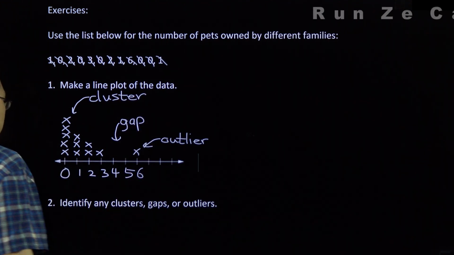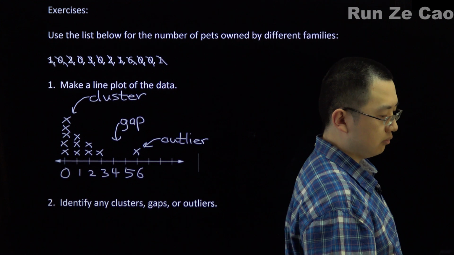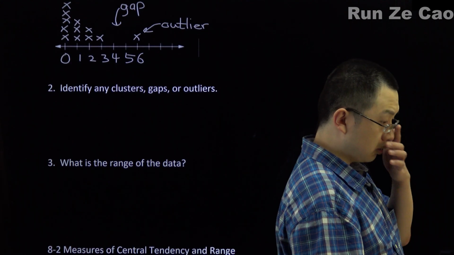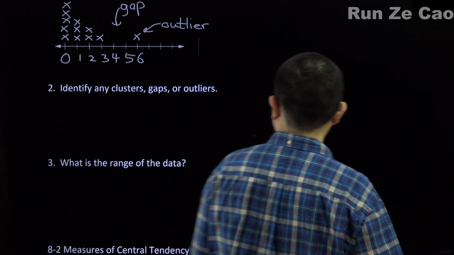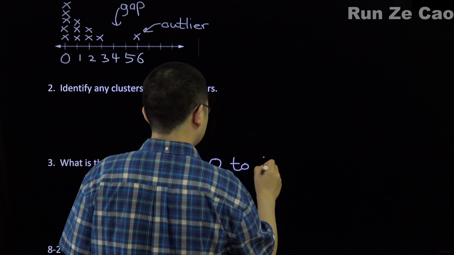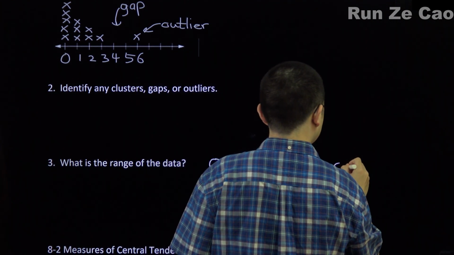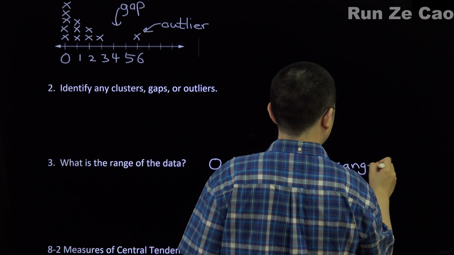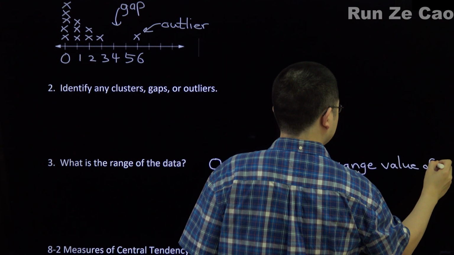And the only reason it piles up against 0 is because you can't have negative numbers of pets. So, what is the range of the data? The range is from 0 to 6 for a range value of 6.